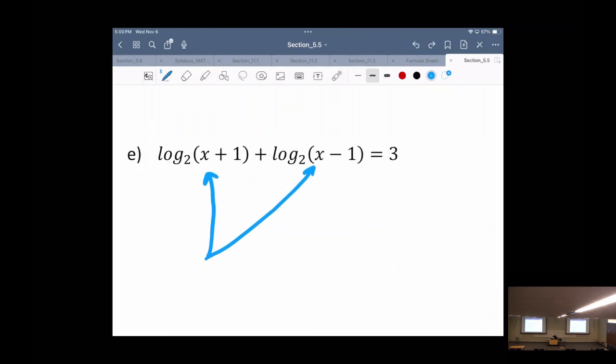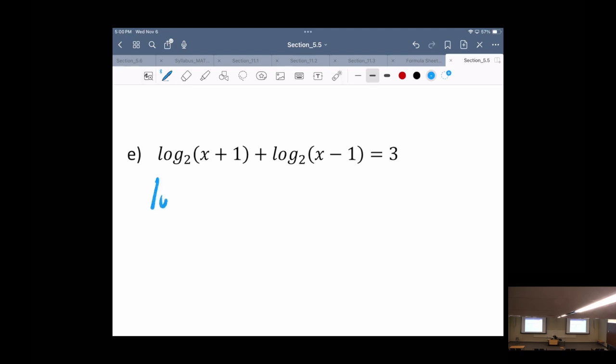So the first thing we need to do is combine these 2 terms that my arrows are pointing to. Now in section 5.4, we learned that if you have a log of some expression plus log of another expression to the same base 2, then you can convert this addition problem to a multiplication problem.